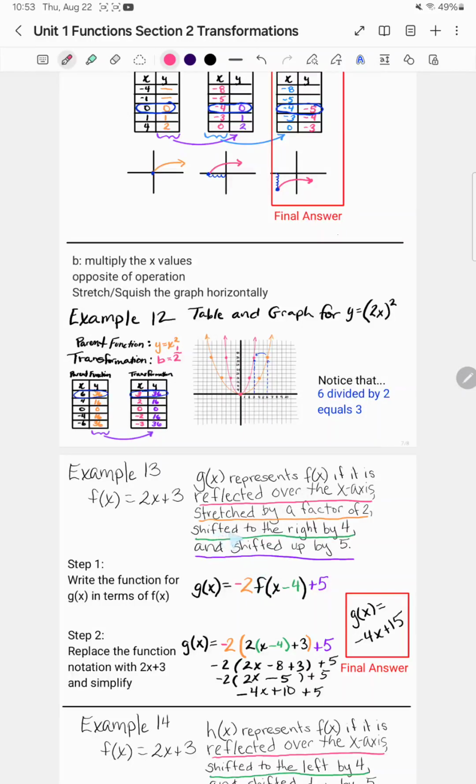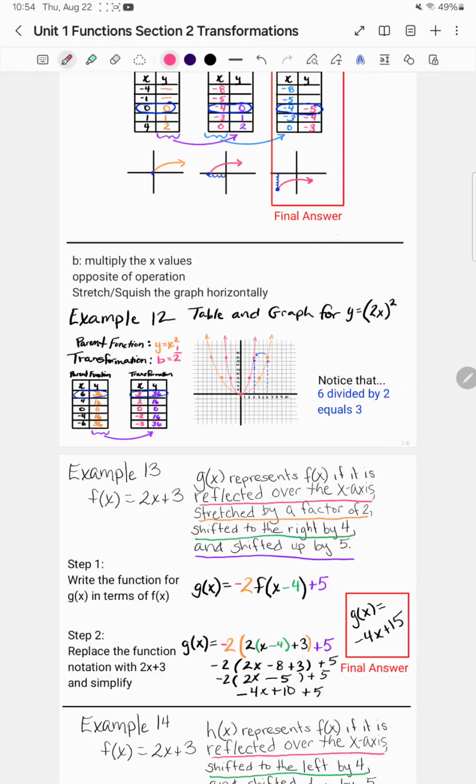So I have here the next one, shifted to the right by 4. Left and right is h, and we know it's the opposite of the sign we say. So if it's right by 4, then h here in green has to say -4, because it's the opposite.